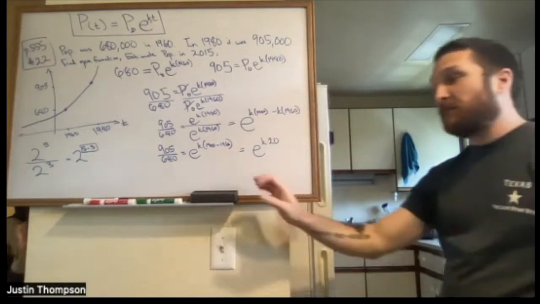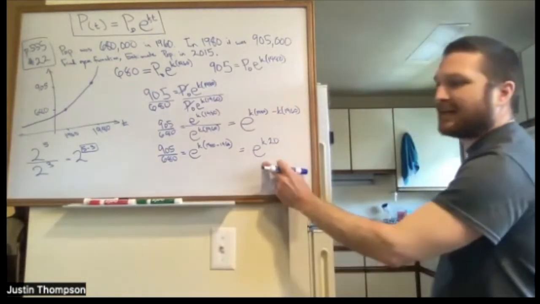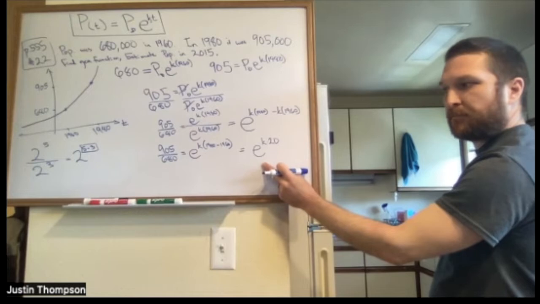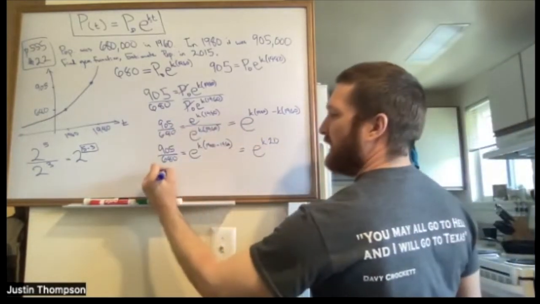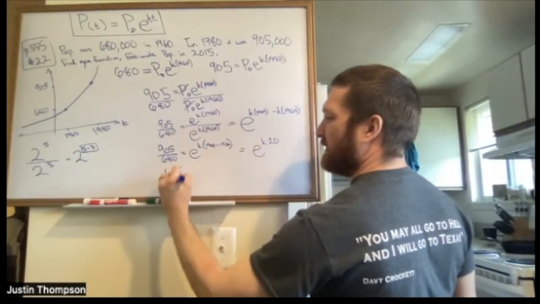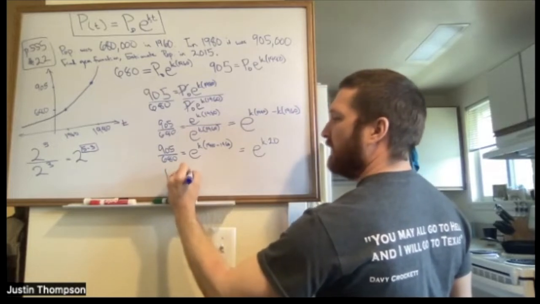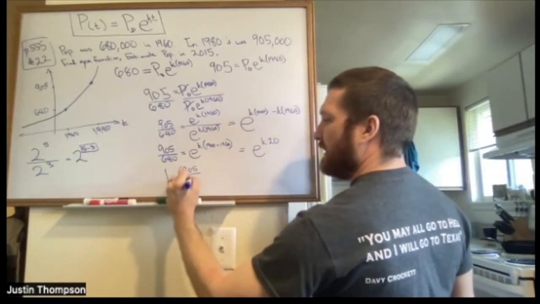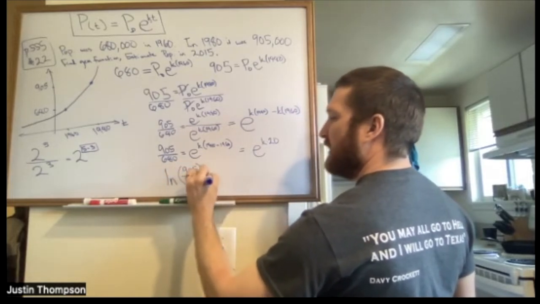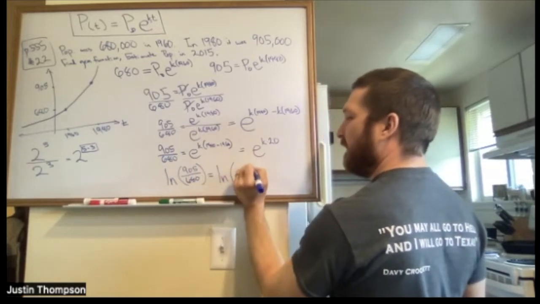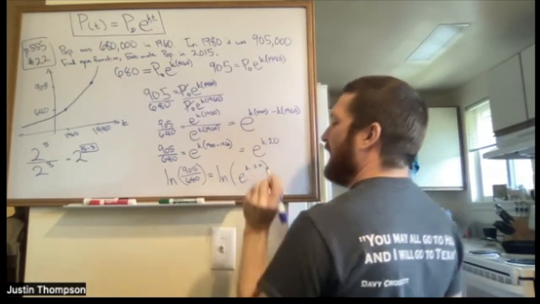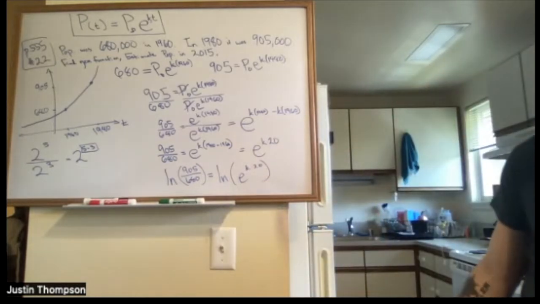And it turns out our favorite log is the thing that exactly undoes this. So I get the natural log of 905 divided by 680 is equal to the natural log of e to some stuff, and that's what makes the stuff pop out.